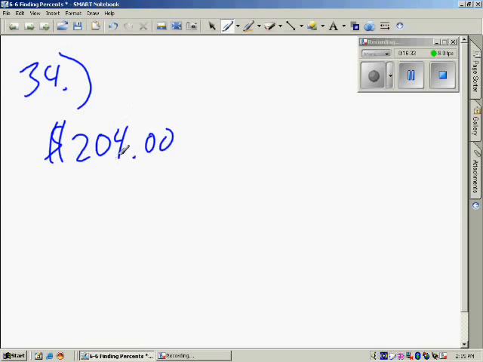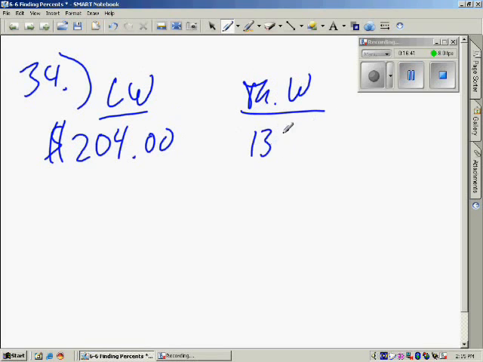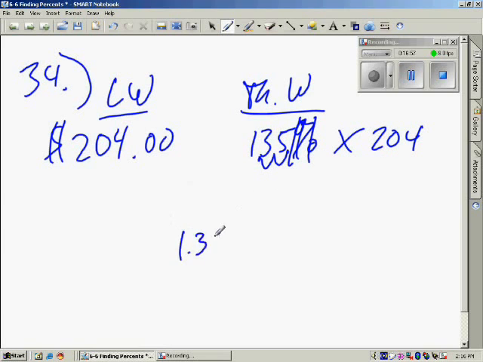This week, she made 135% of that, which is 204. How much did she make this week? So let's just go 135% times 204. Take the percent off, move the decimal back twice, you get 1.35 times 204.